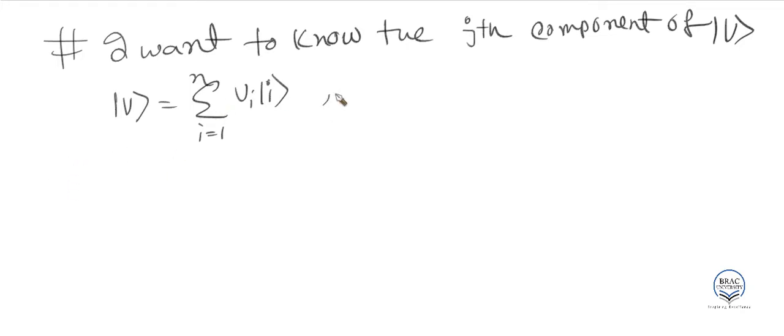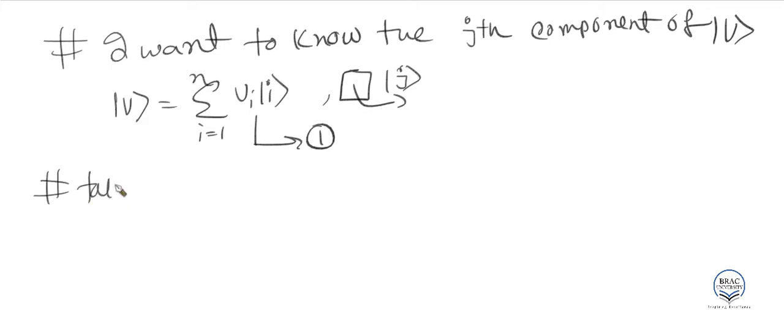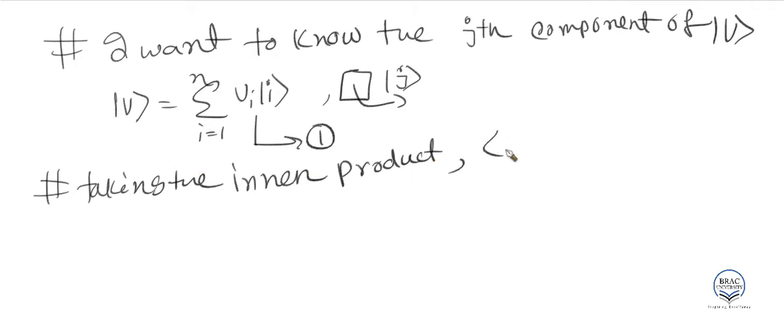So we have to multiply this, let's call this equation 1, or in the formal sense we have to take the inner product of |j⟩ with this |v⟩. So taking the inner product ⟨j|v⟩ will give us this thing.